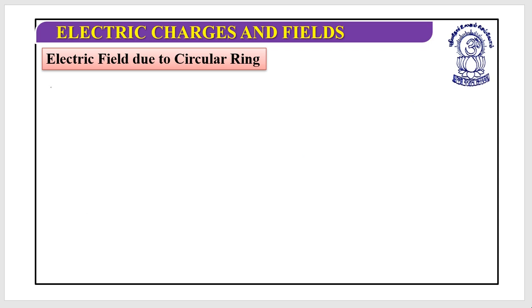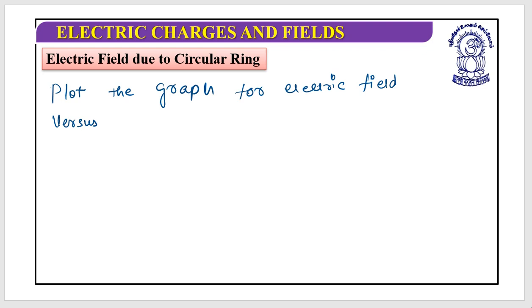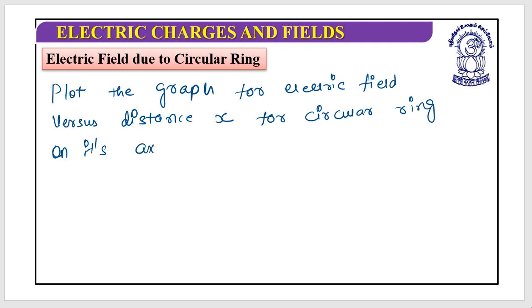if they have been asked to plot the graph, this all is in continuation only, plot the graph for electric field versus distance x for a circular ring on its axis.